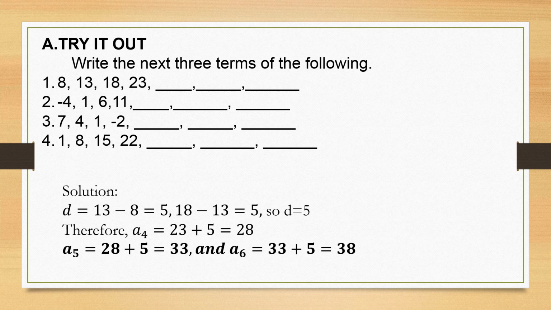So a sub 5 is equal to 23 plus 5, that is 28. Then a sub 6 is 28 plus 5, which is 33. Then a sub 7 is 33 plus 5, which is 38. I'm sorry for the typo. It must be a sub 5, a sub 6, and a sub 7.